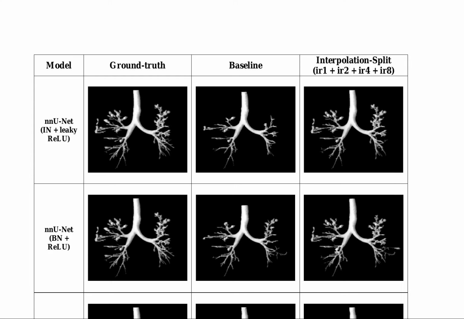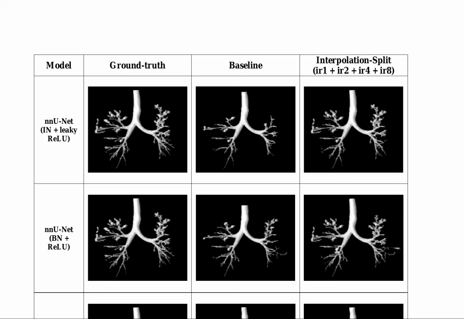The authors compare the performance of airway segmentation using different neural network architectures: NNU-net with instance normalization and leaky ReLU, NNU-net with batch normalization and ReLU, and a modified dilated U-net. Each architecture is applied with the proposed interpolation-split method, and the resulting performance gains are reported. Airway segmentation results for Case 9 using each of the 3 architectures are visually illustrated in Figure 8.